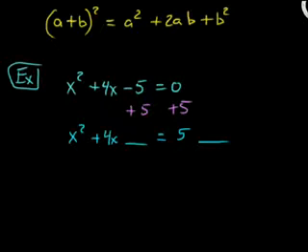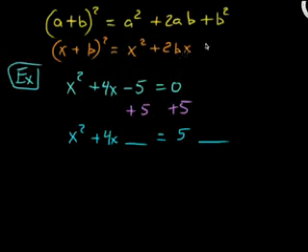Let's think of this pattern: I know I'm going to have my variable as my first term, because a squared is x squared, so a appears to be the x. I'm looking for the second term in the binomial. If I expand this, it would be x squared plus 2bx plus b squared.